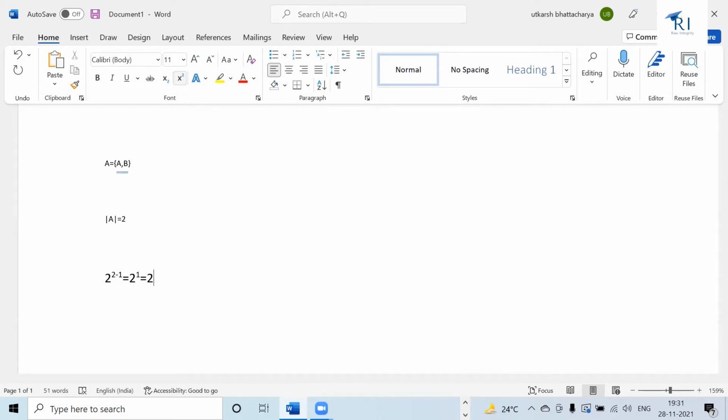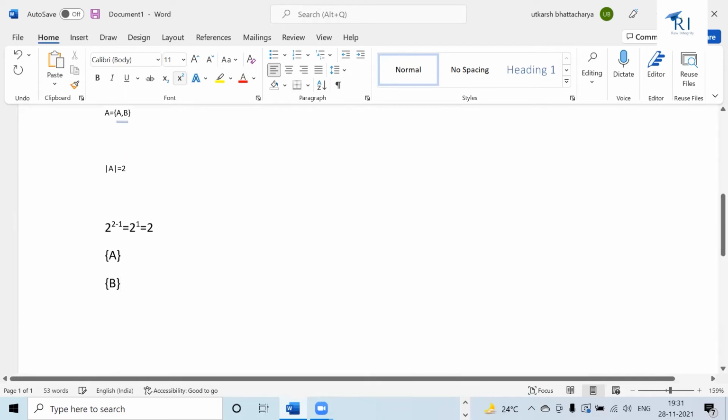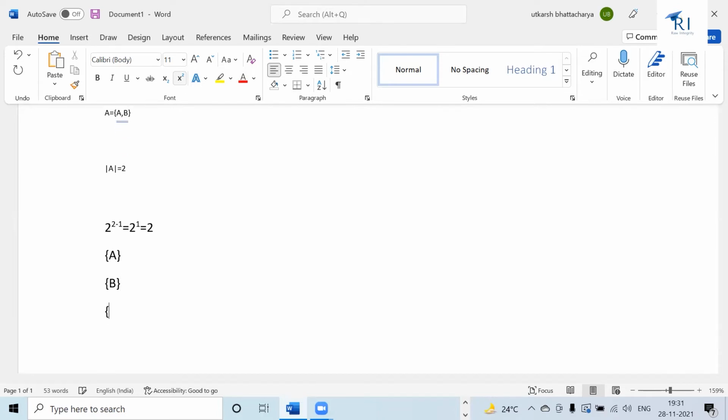That means we can only have 2 proper sets here. One is this, and another is this. And the improper set is A, B itself.